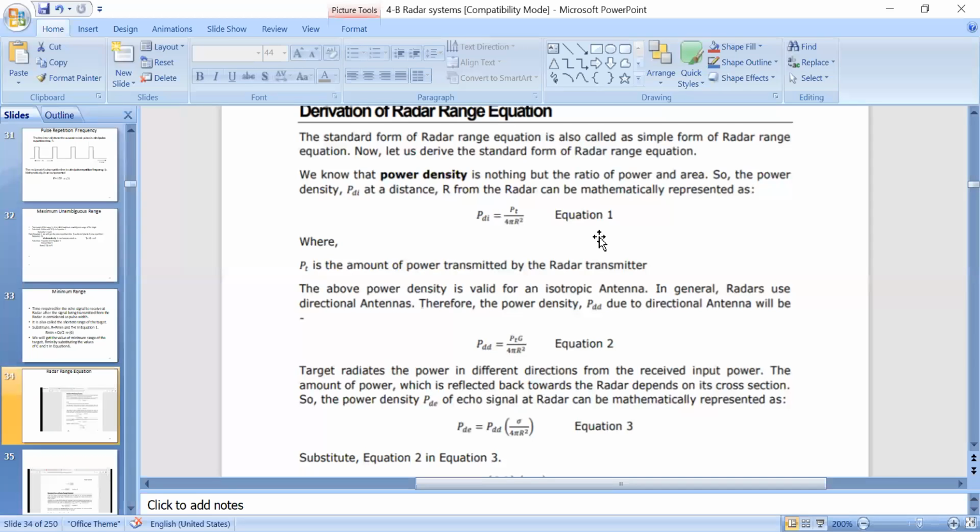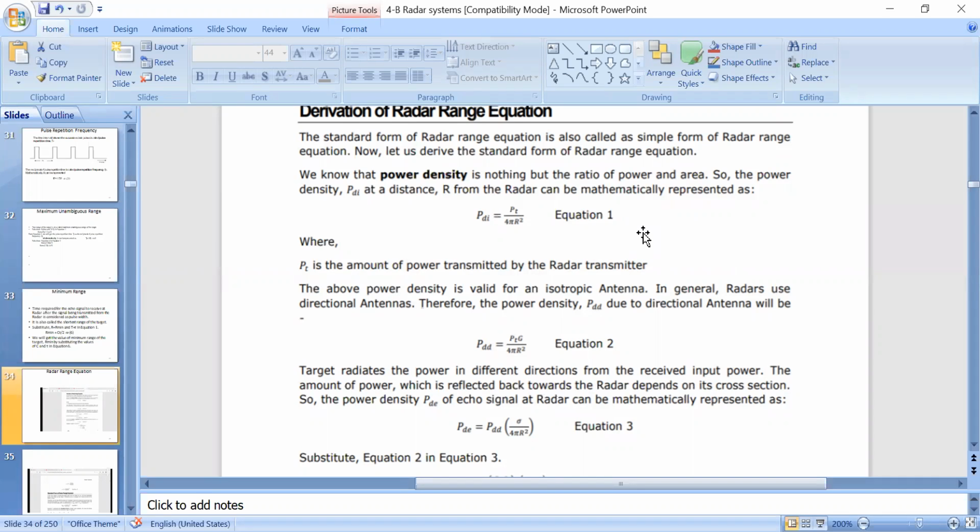What do you mean by a directional antenna? A directional antenna is the antenna which directs its beam in a particular, predefined direction. Initially, they were using an isotropic antenna. What is the drawback with an isotropic antenna?